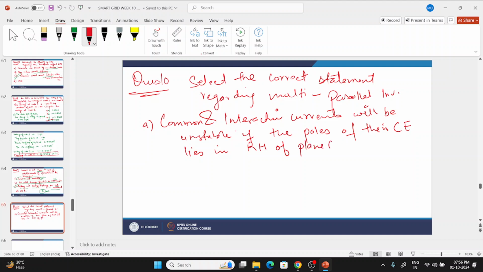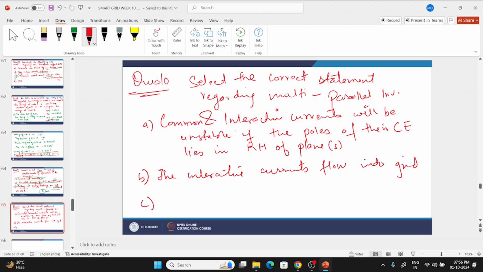Okay, S plane actually. Second है the interactive currents flow into grid.